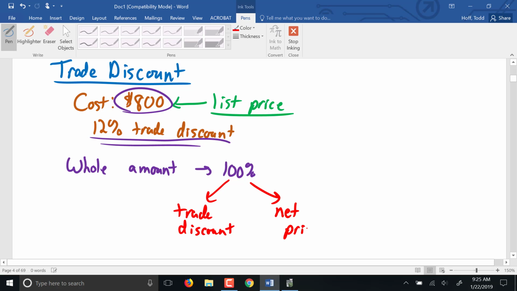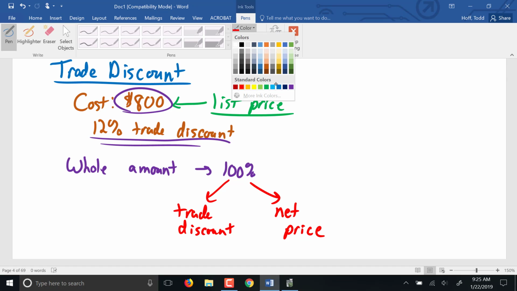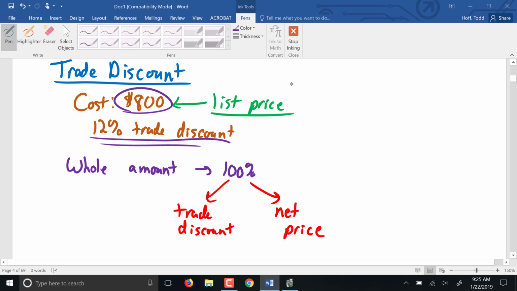The net price is what that distributor is going to pay after their trade discount. So here we see that trade discount is 12%. Well, if it totals 100%, that means there's 88% left that is the net price.